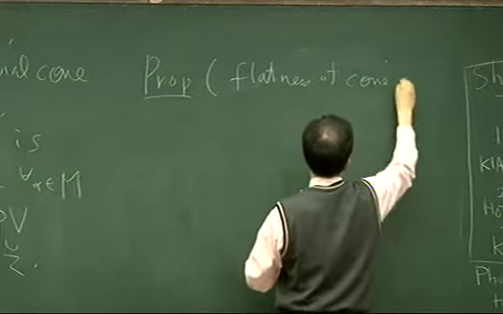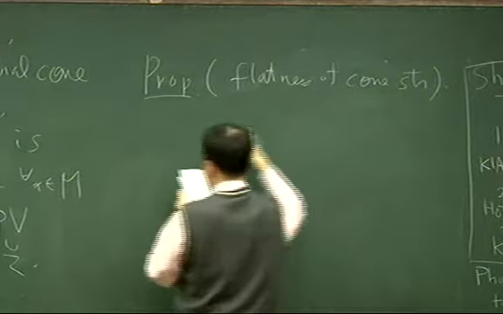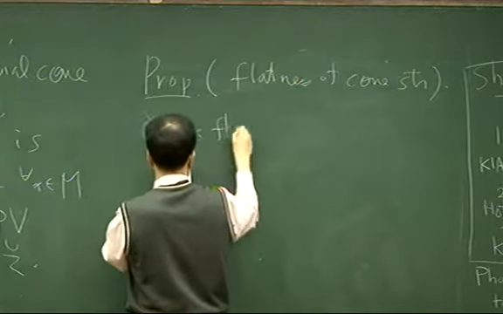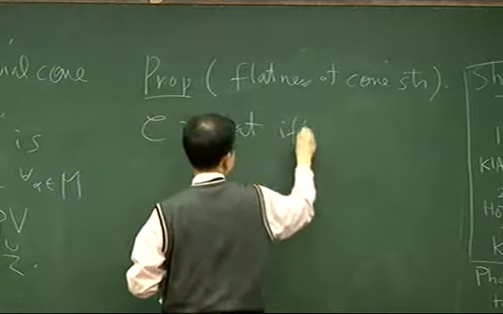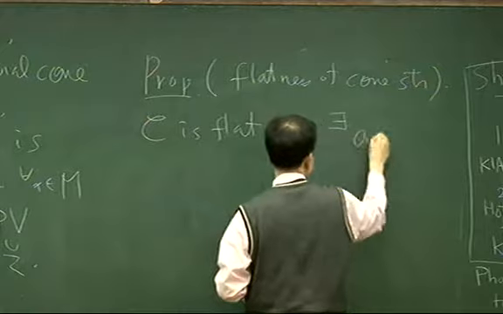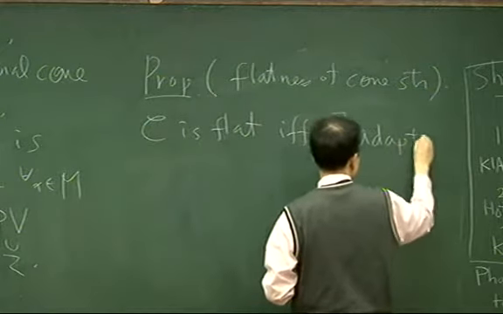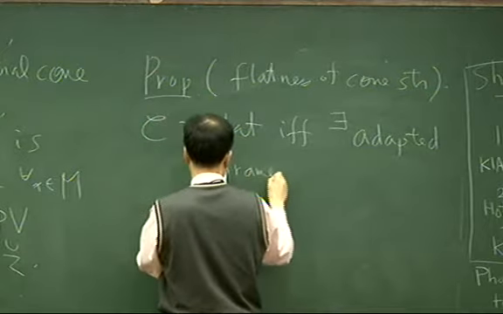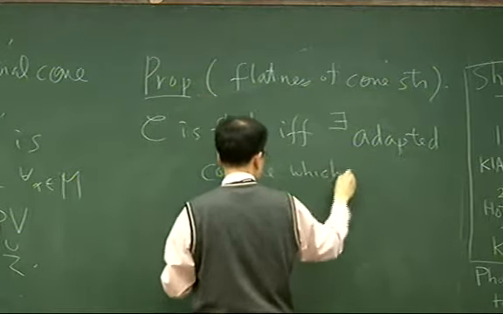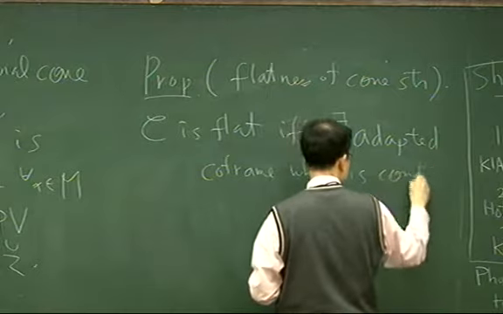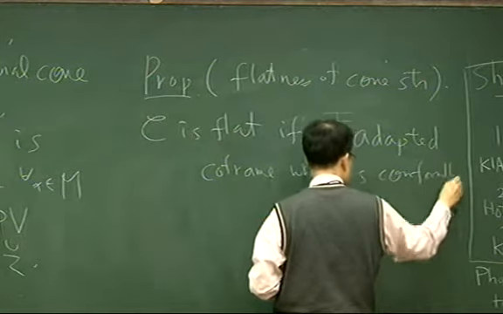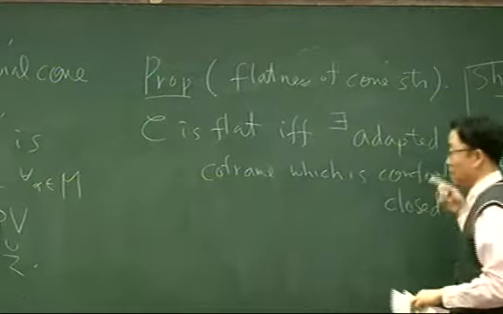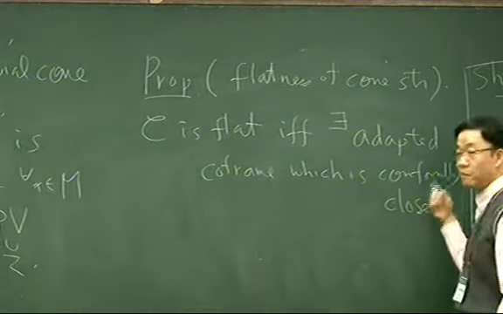How to prove flatness of the cone structure C? If there is an adapted co-frame which is conformally closed, then this is just the statement of the Poincaré lemma.